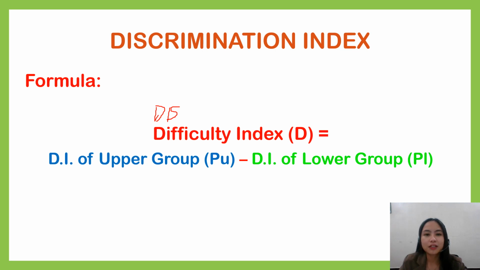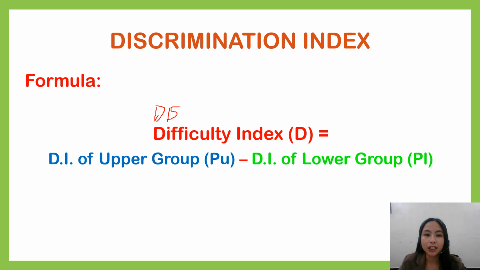Okay. So, basta this is the discrimination index that is equal to the difficulty index of the upper group minus the difficulty index of the lower group. So, ibig sabihin, class, before you get the answer for discrimination index, kukunin muna natin si difficulty index.